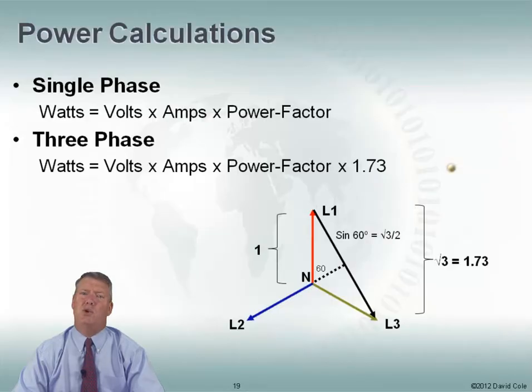And let's see, I've got 2 of those, so I've got the square root of 3, which happens to be 1.73. So when I look at three-phase power, if I want to get the number of watts, I have to take volts times amps times power factor, just like with single phase. But because I know that that line-to-line difference is bigger, I multiply that by 1.73. So if anyone ever asks where that comes from, you'll be able to tell them.